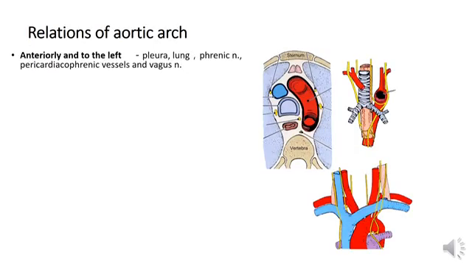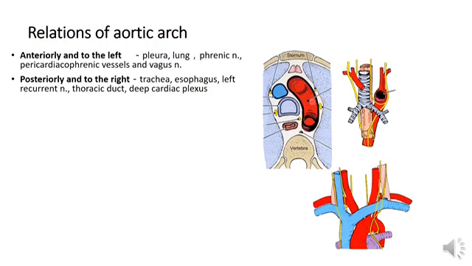Relations of the aortic arch. We have anteriorly and to the left the pleura, the lung, and the phrenic nerve. We have the pericardiophrenic vessels, and we have the vagus nerve. Posteriorly and to the right we have the trachea, esophagus, left recurrent laryngeal nerve, thoracic duct, and deep cardiac plexus.